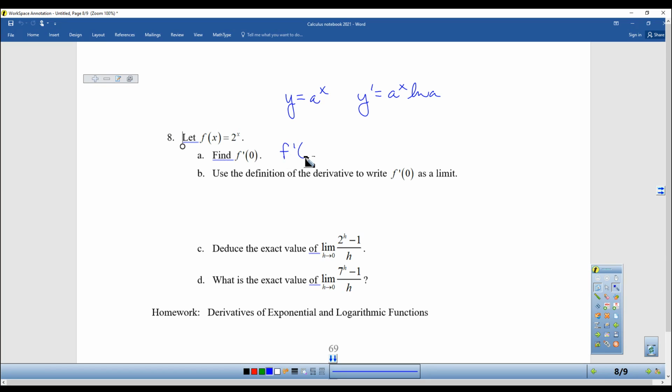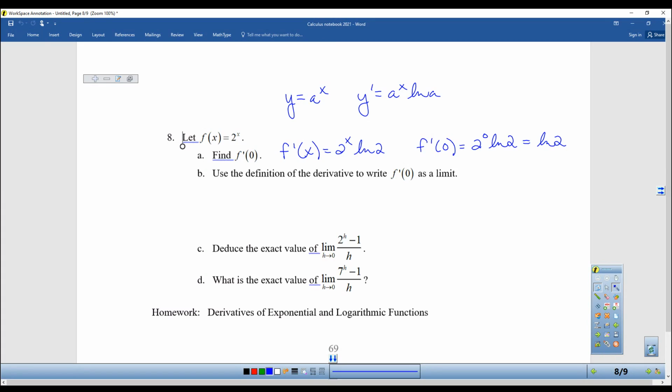So f prime of x is equal to 2 to the x times the natural log of 2. So f prime at 0 is equal to 2 to the 0 times the natural log of 2, which is 1 times the natural log of 2, natural log of 2.